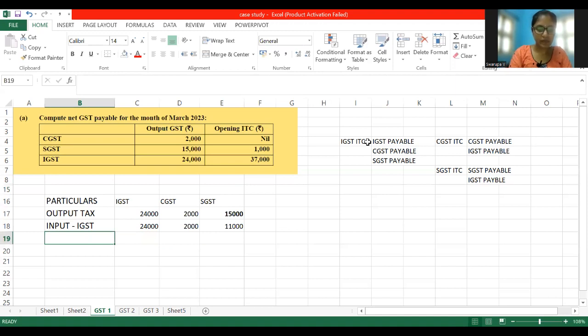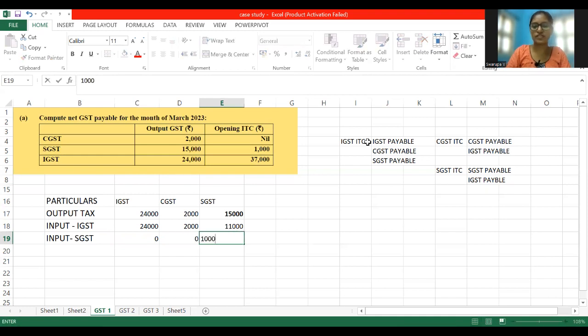Then SGST credit. Input SGST, it can be utilized first against SGST. So the full amount I'm utilizing against SGST. So what is the balance payable?